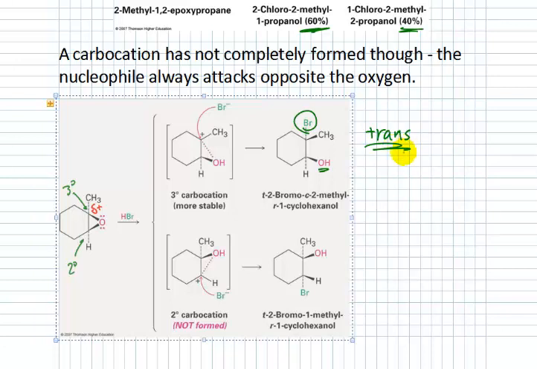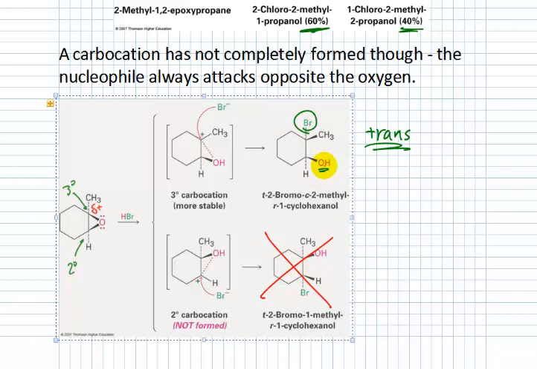We get that trans stereochemistry. The bromine is attracted to the tertiary carbocation, which is more stable than the secondary carbocation that we would see if we had opened it on the other side. So this product down here is not formed because we had a tertiary carbon. We end up with the nucleophile attacking it, opening up the epoxide to the other direction.